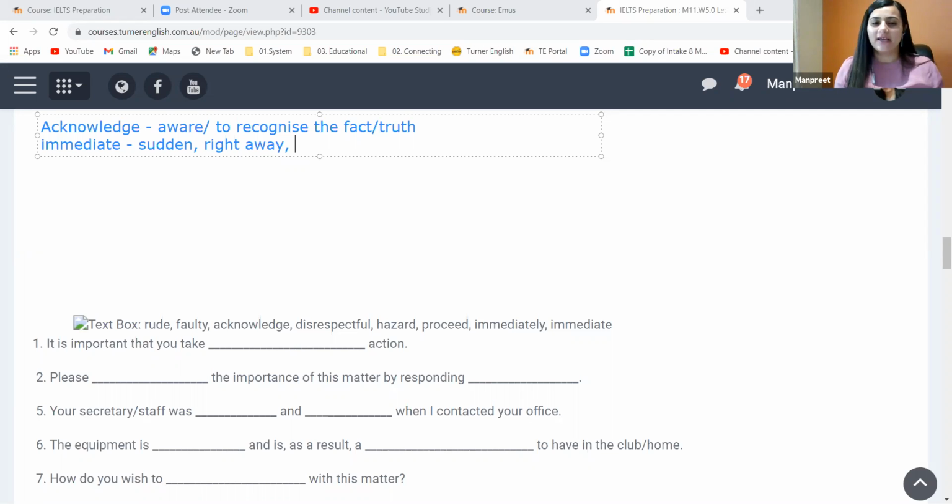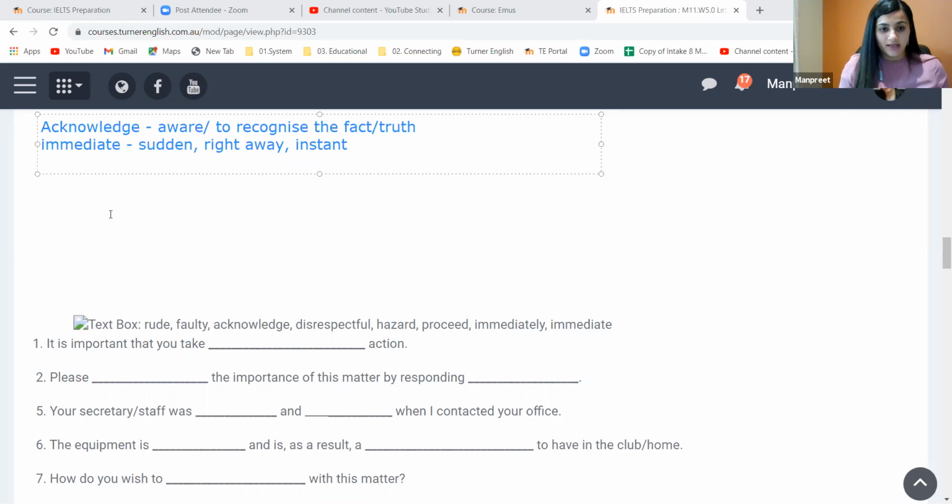So rapid is more like quick, and immediate is right away. Straight away. Yeah, good. So we can even say instant or instantly.